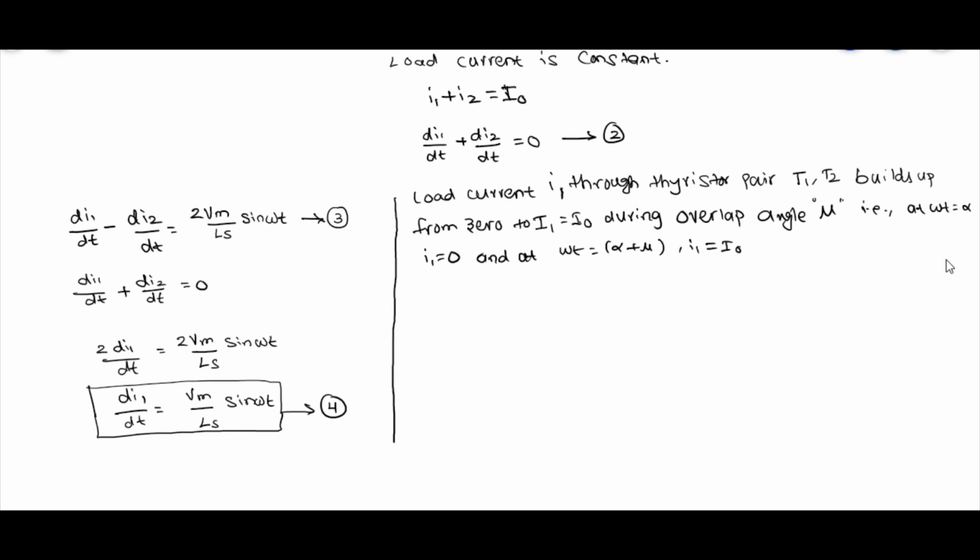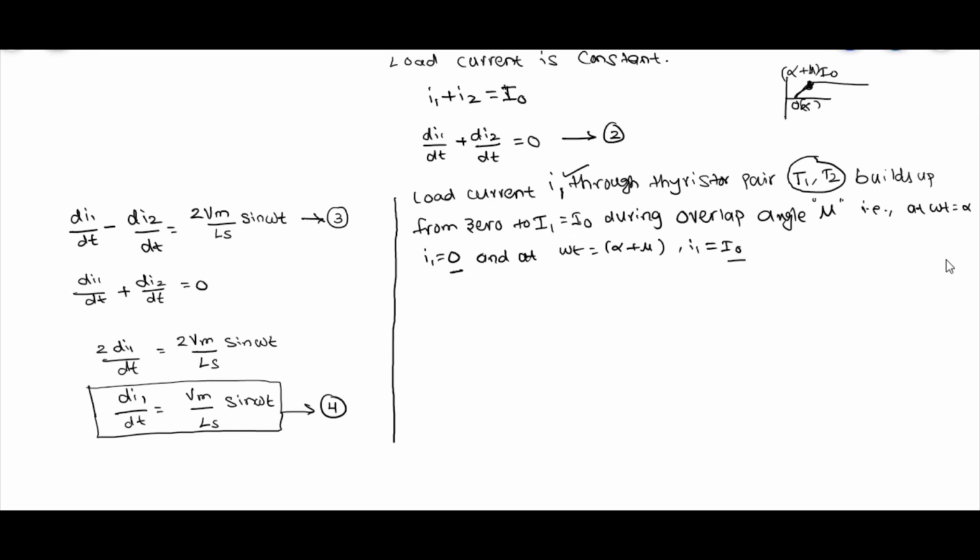That means when T1 and T2 are conducting, my current I1 increases from 0 to I0. At alpha it is 0, and at alpha plus mu it approaches the I0 value, which I have shown in the waveforms. It is increasing like this and approaching I0. This point is 0 and this one is I0, with 0 at alpha and this point at alpha plus mu.